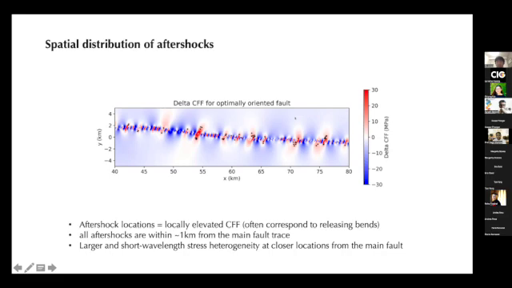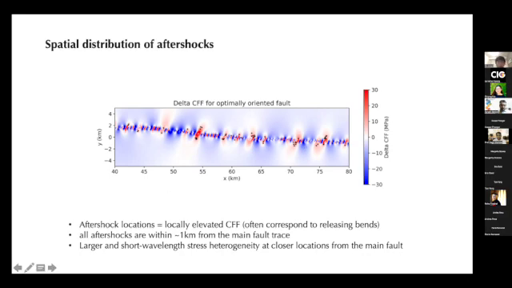The color is the delta CFF, delta Coulomb failure function, calculated for an optimally oriented fault from the main shock slip distribution. They agree with each other: aftershock locations are locally elevated CFF. It often corresponds to a releasing bend, where normal stress is decreased due to slip, and if normal stress is decreased, the Coulomb stress is increasing.